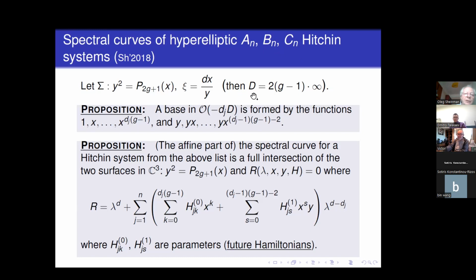Then we know the degree of the divisor of its zeros, and the proposition is the following: the basis in this space is given by degrees of x, and again degrees of x in different limits multiplied by y, where x, y are just functions on our hyperelliptic curve.